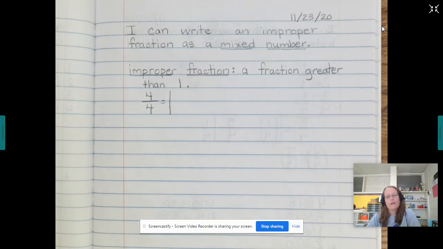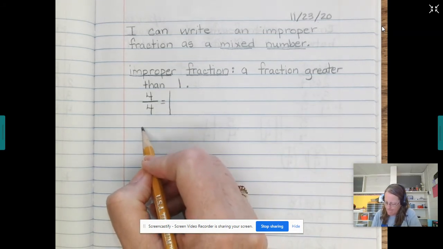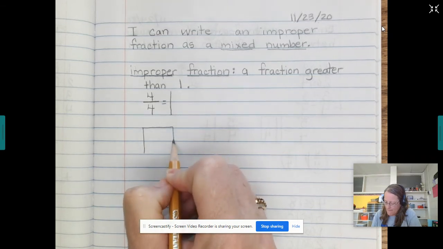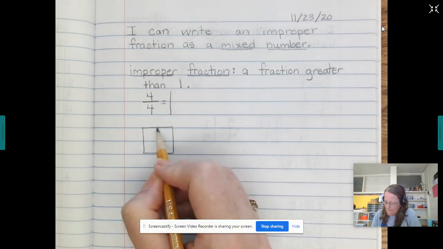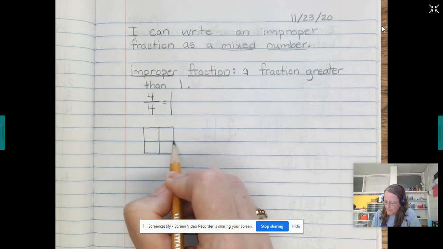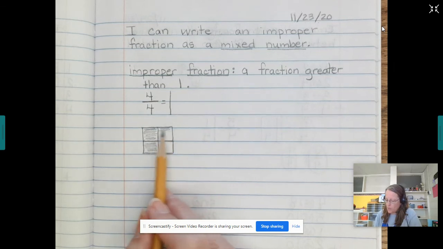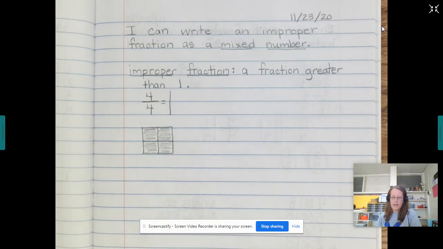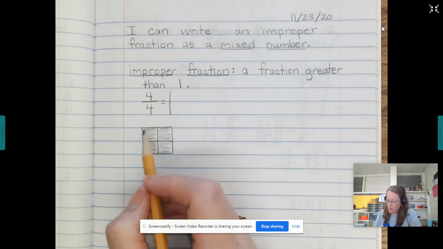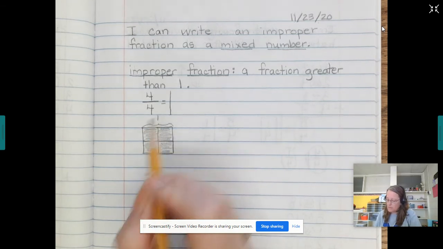So if I wanted a fraction that was greater than 1, I wonder what that would look like. If I shade in 4 fourths, I have shaded in 1 whole rectangle, correct? Yeah, or 1 whole fraction model.